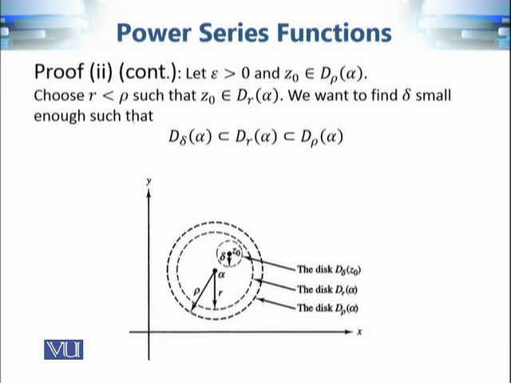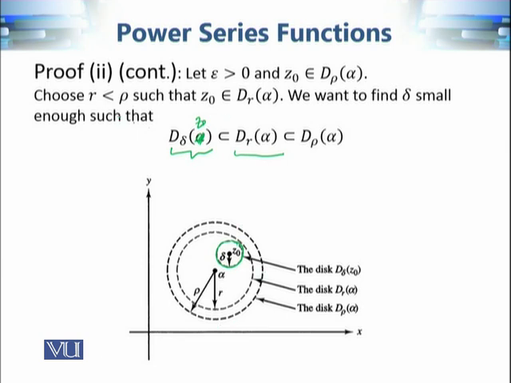Given epsilon is arbitrary, we need to find a delta such that whenever z belongs to the disk with center z0 and radius delta, which is of course contained inside D_r(alpha), which is contained in D_rho(alpha), the bigger disk.